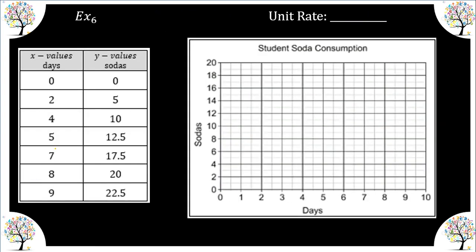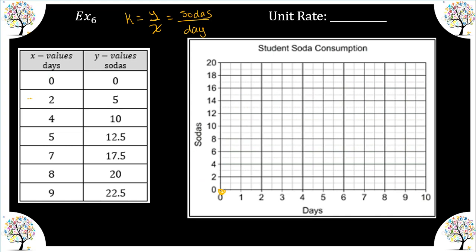Okay, now let's look at our last example. This time we are given a function table and we want to know the unit rate. So our unit rate is going to be sodas per day. So we have 0, 0, we always start there.